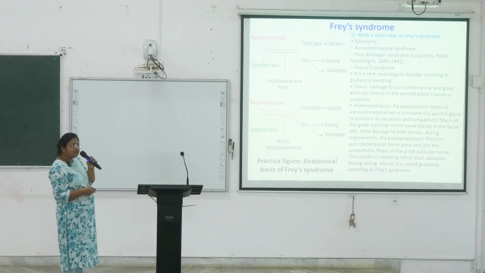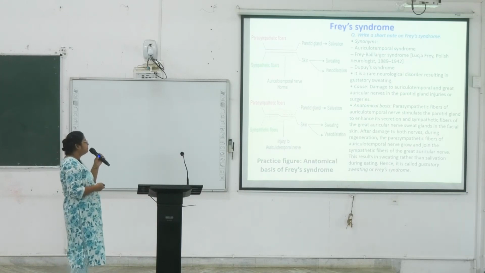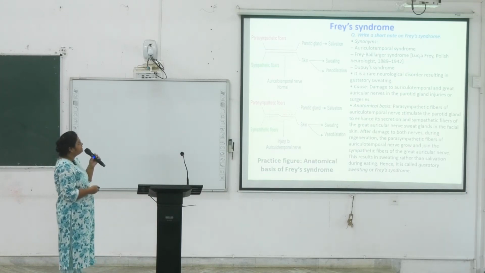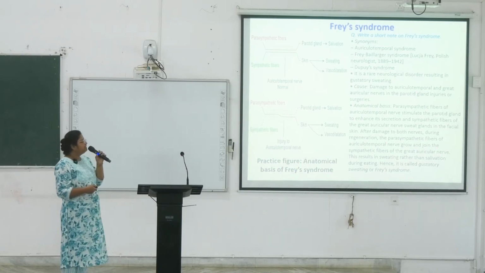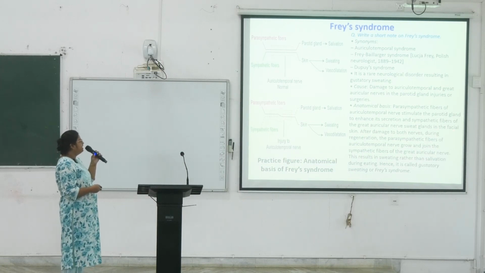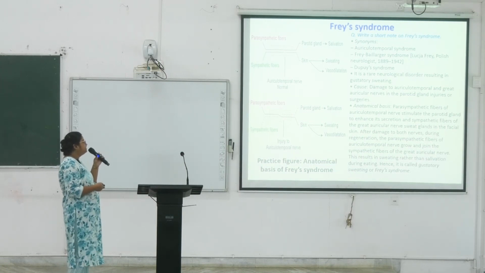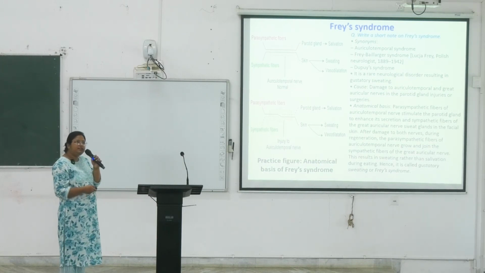Anatomical basis of this Frey syndrome. You know from the nerve supply, parasympathetic fibers of the auriculotemporal nerve stimulate the parotid gland to enhance its secretion, and sympathetic fibers of the great auricular nerve supply the sweat glands in the facial skin.